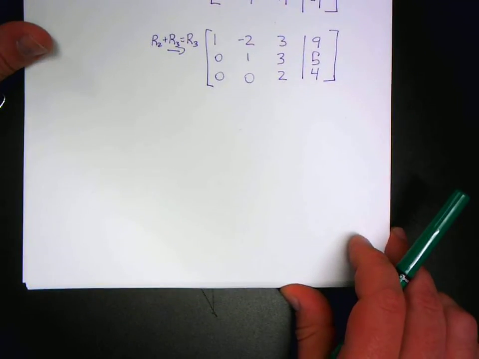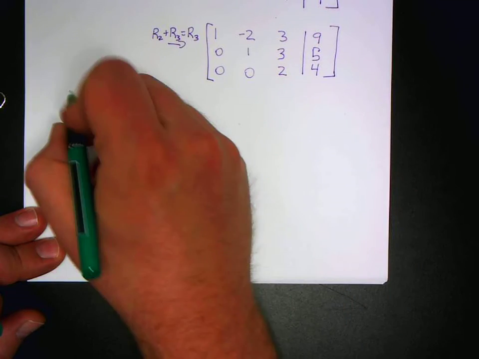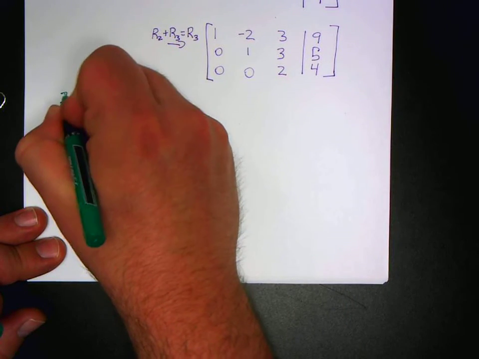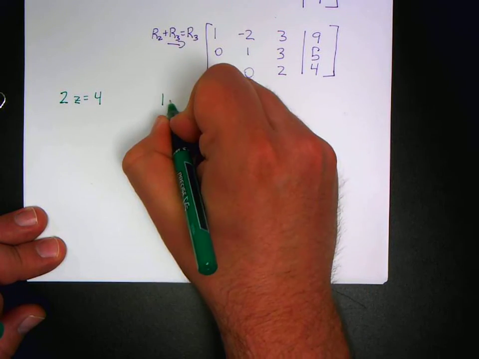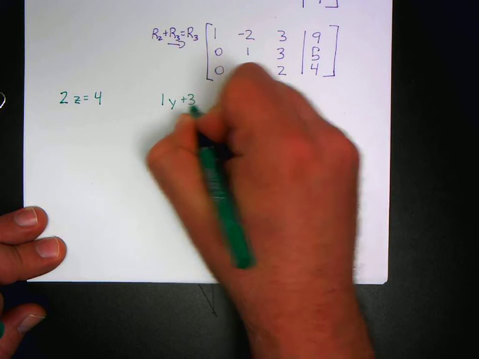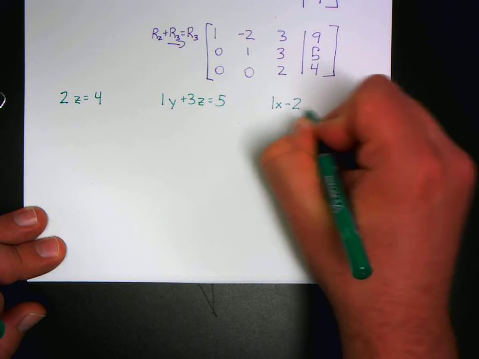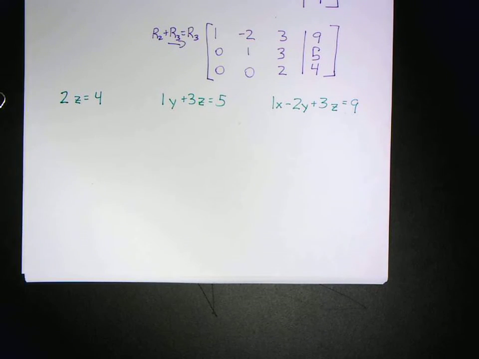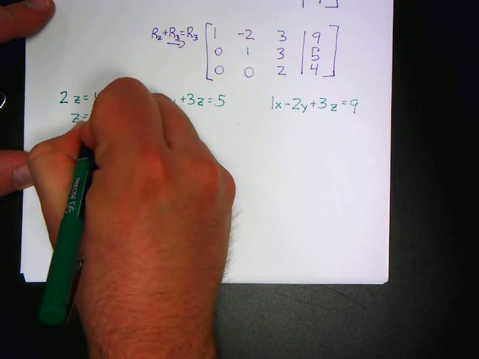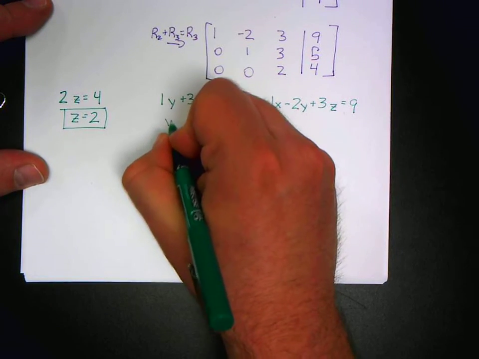So what 3 equations do I have now? Okay, so what's Z? Okay, so Z is 2.